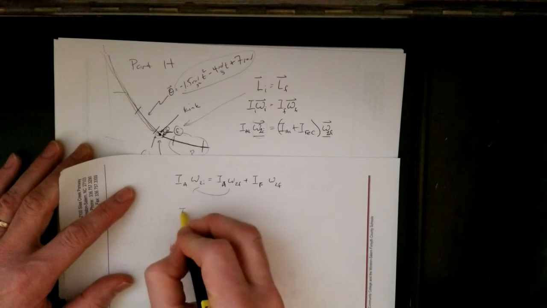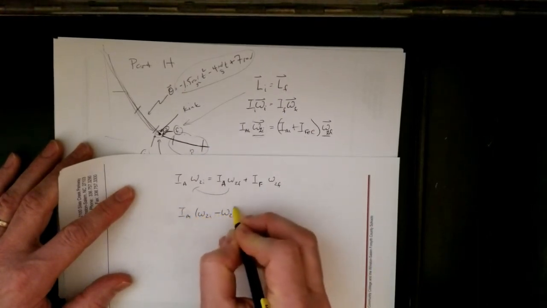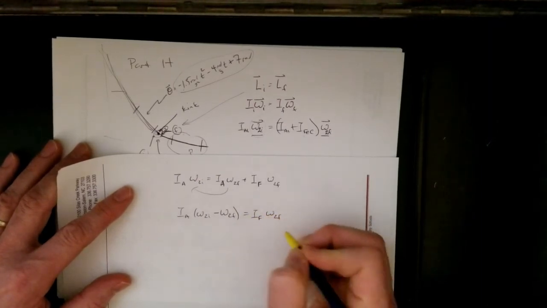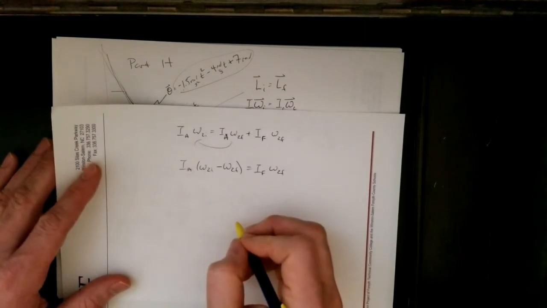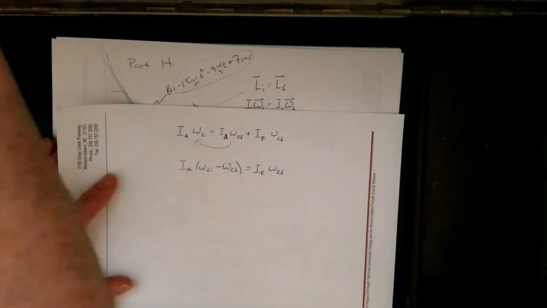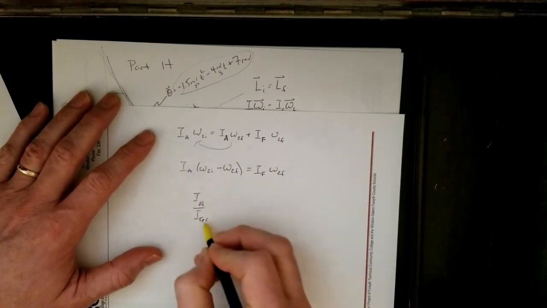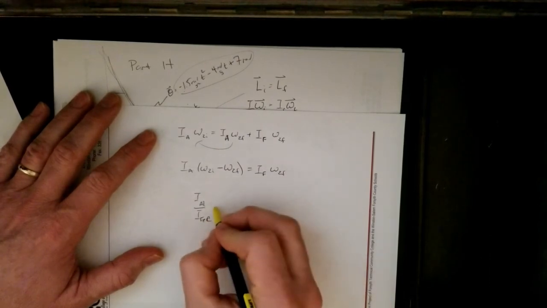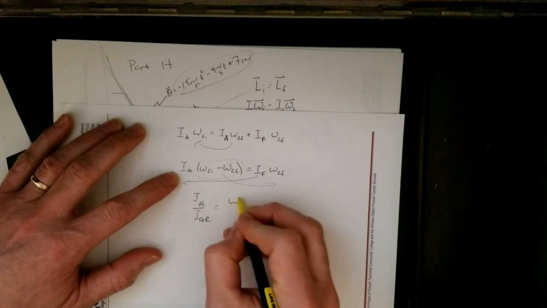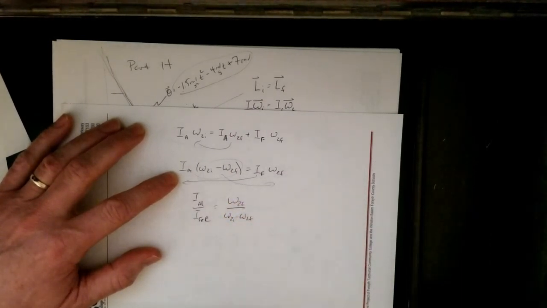Get these together, so I have I_A times omega 2 initial minus omega 2 final equals I of the steel times omega 2 final. And then the ratio I asked for was either I_A over I_F or I_F over I_A. I asked for I_A, the aluminum, over I of the steel. And so bringing this on this side, bringing that on that side, we get omega 2 final over omega 2 initial minus omega 2 final. That's the ratio that we're looking for there.